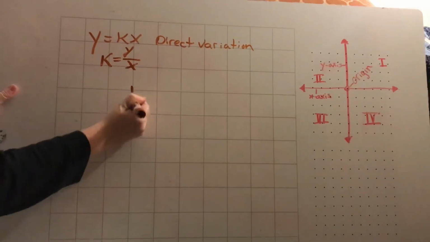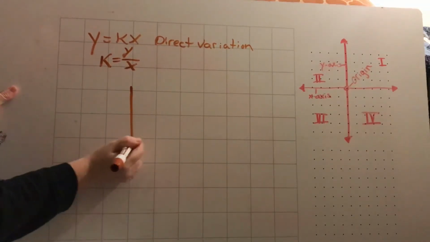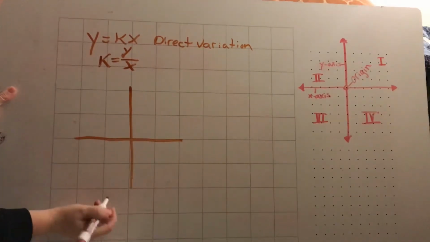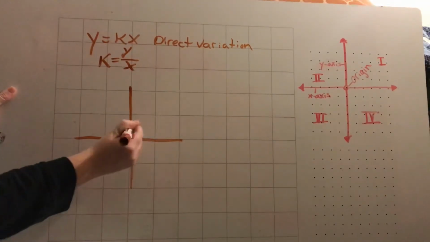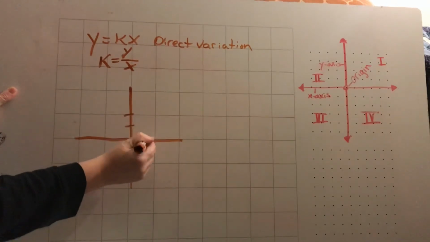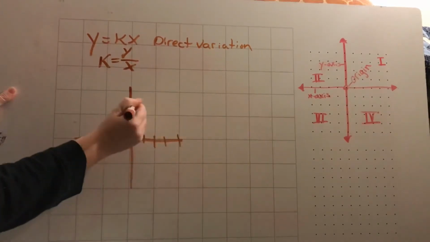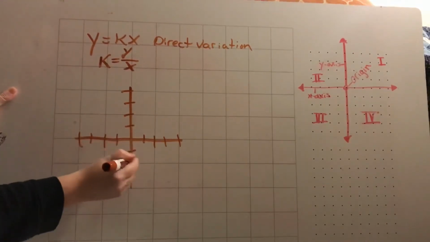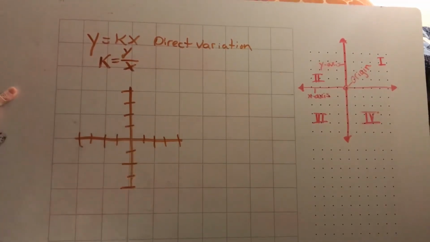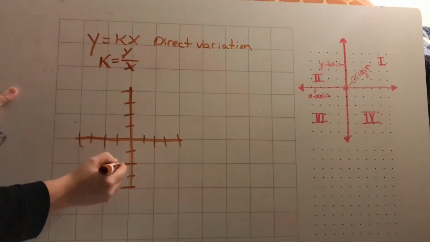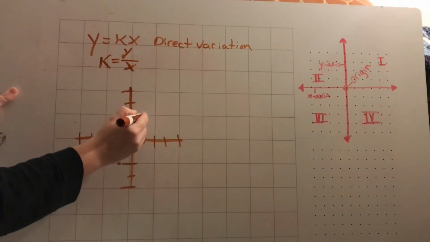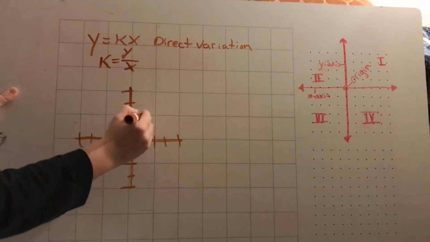So the first graph that they give us looks something like this. And we have a point plotted there, and there, and there.